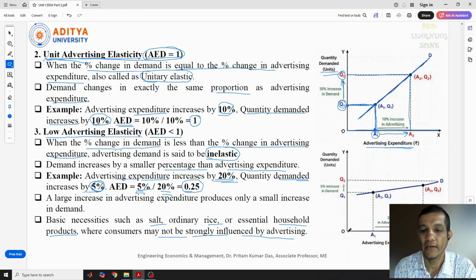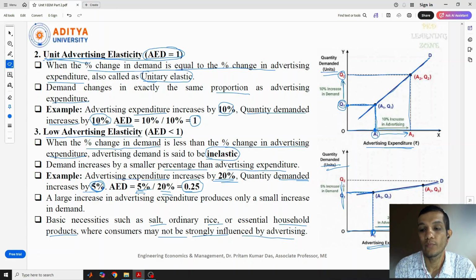Same thing you can also see here. This is our x-axis value, advertising expenditure, and this is our y-axis value, quantity demanded. So the slope, you can see there is an improvement, but very little. That means you can say the company finally incurs a loss. Initially this is A1, the advertising expenditure, and at that time our demand is very good. Okay, there is no issue in that.